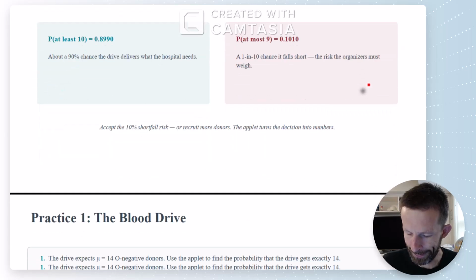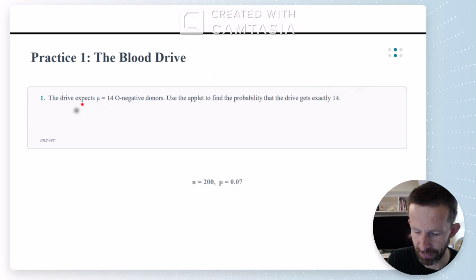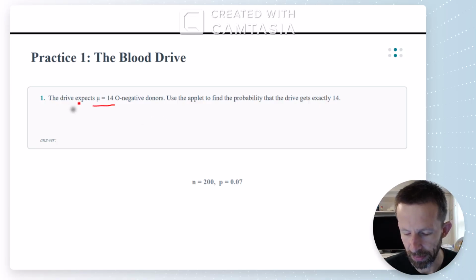All right. Let's look at this situation. We've got the blood drive. The blood drive expects an average of 14 O-negative donors. Use the output to find the probability that the drive gets exactly 14.